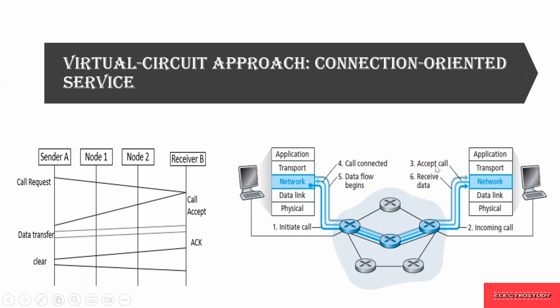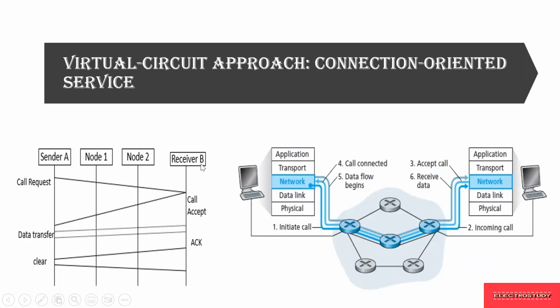After accepting, the call is connected, and the client and server communicate with a secret code. The data starts to flow from the client side, reaches the destination, and is received by the server.